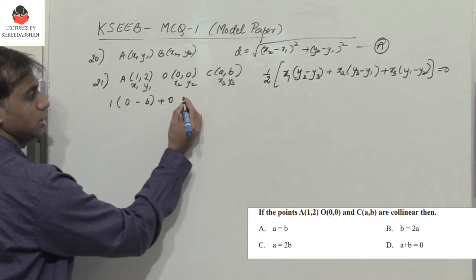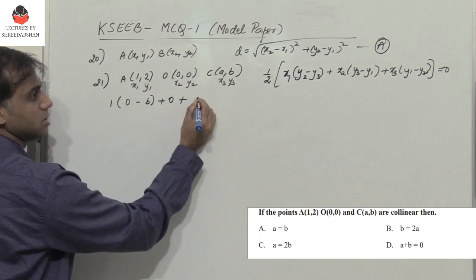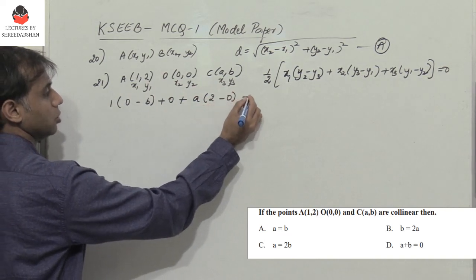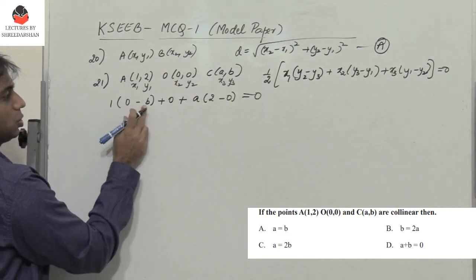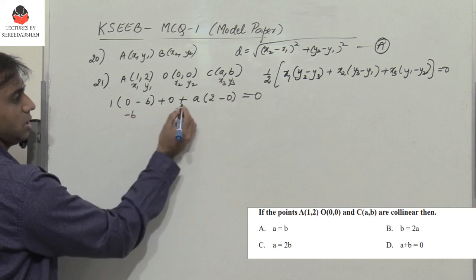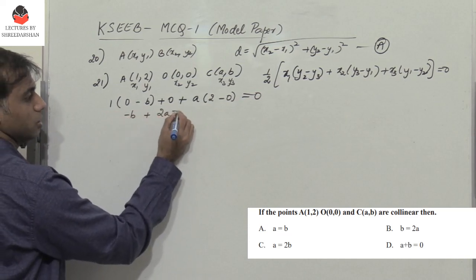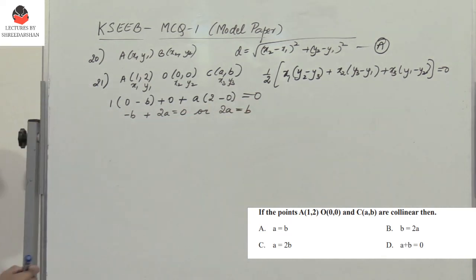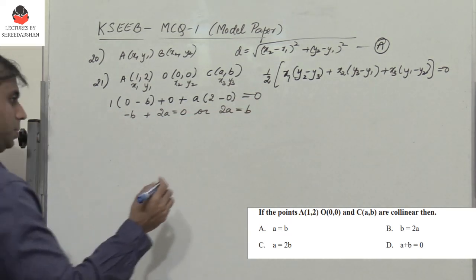So 0 into anything is 0, plus x3 is a, y1 is 2, minus y2 is 0. This should be equal to 0. So you have 1 into minus b is minus b, plus 2a equals 0, or 2a equals b. So the option is B here.